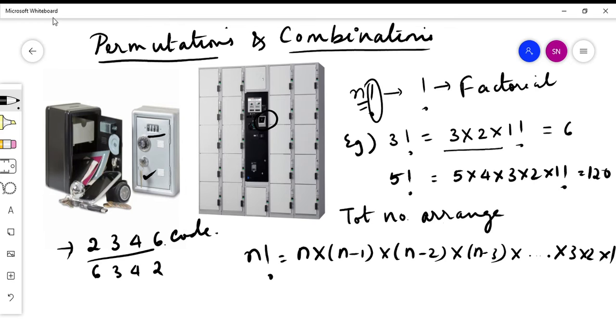So what is happening here? Product of n natural numbers. This is an example that I have given. Here n is nothing but the biggest number given to us. So when n is 3, n minus 1 is 2, correct? If n is 3, n minus 2 is 1.